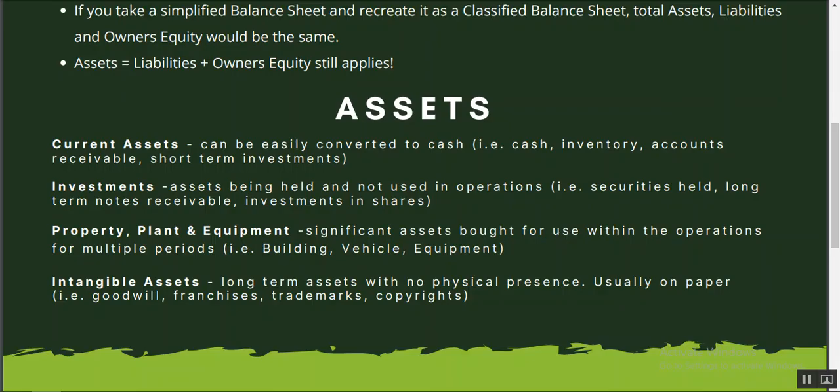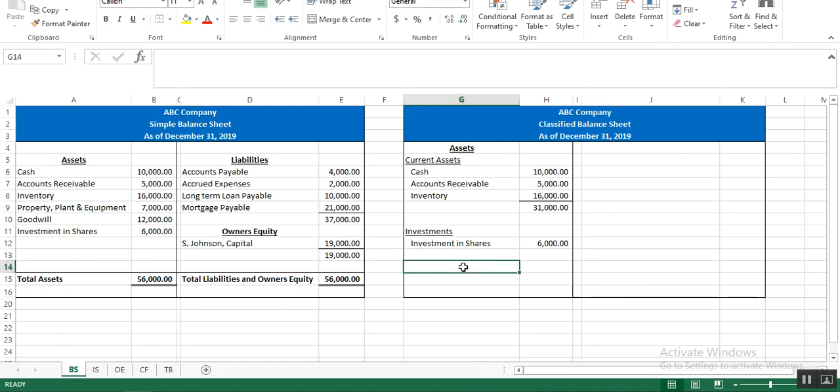The next category is property, plants, and equipment. And we would have said that these are long-term assets that are usually big in nature and in cost because there's something significant that a company buys and uses over multiple periods of time to help to generate income, to help to generate cash, things like that.